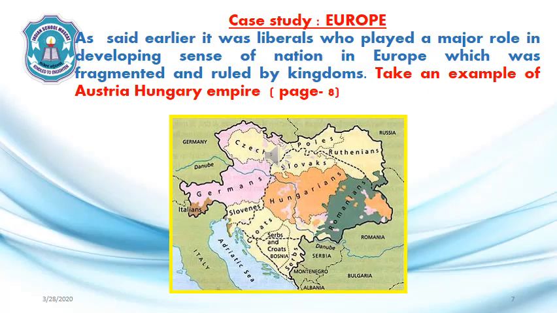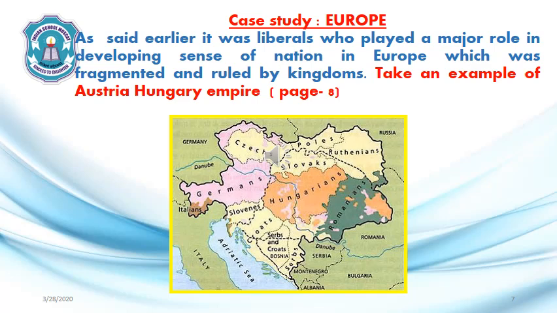So, to be frank, the Austro-Hungarian Empire, though it was under the control of a monarch, was actually a fragmented territory. There was no such sense of unity. There was no such feeling of nation at all.